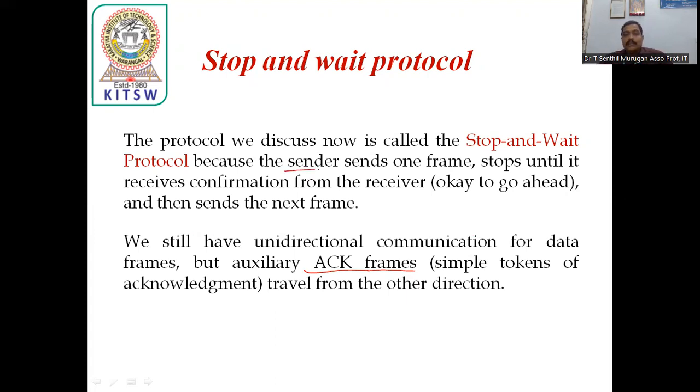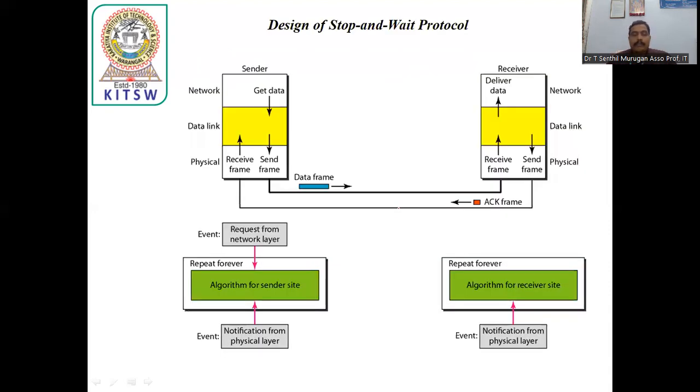The sender sends one frame and stops until it receives confirmation from the receiver. That means the receiver says that I received the frame, you can send the next frame, like that it will give the OK message. Then only the sender will send the information. That is the stop and wait protocol.